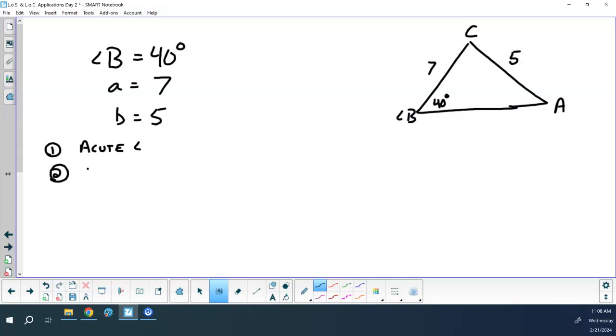Which one's longer? The adjacent's longer, right? So what does that mean? Acute angle, opposite is bigger than the adjacent. We got to check the height. Okay? Which means we got to check the height.